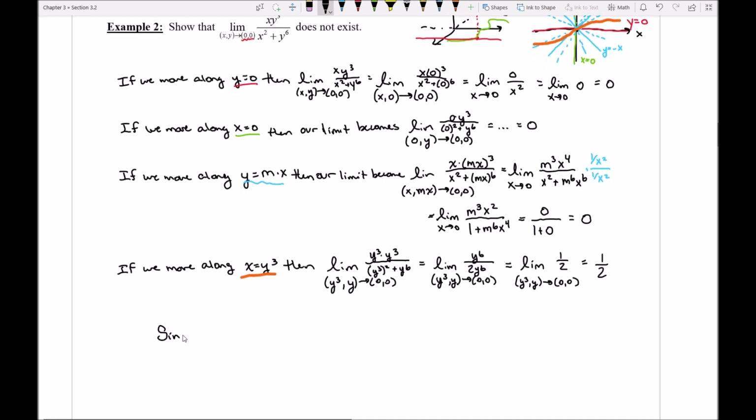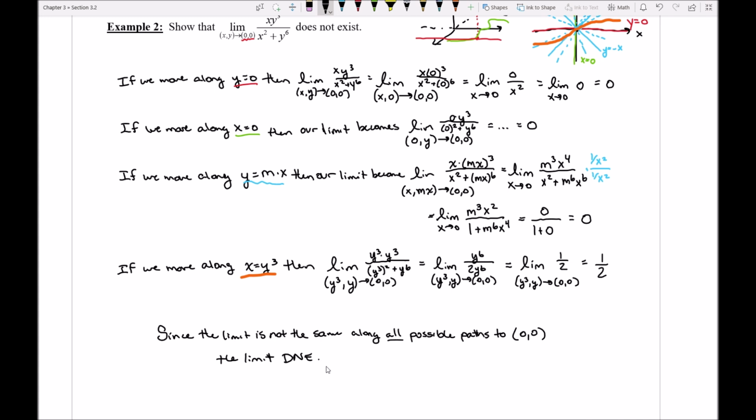So I can make the statement that since the limit is not the same along all possible paths to 0, 0, the limit does not exist.